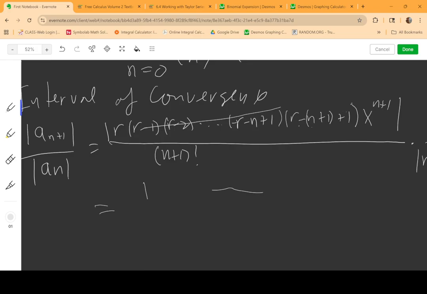That minus 1 cancels if I distribute the negative. So we get absolute value of r minus n times the absolute value of x over n plus 1.